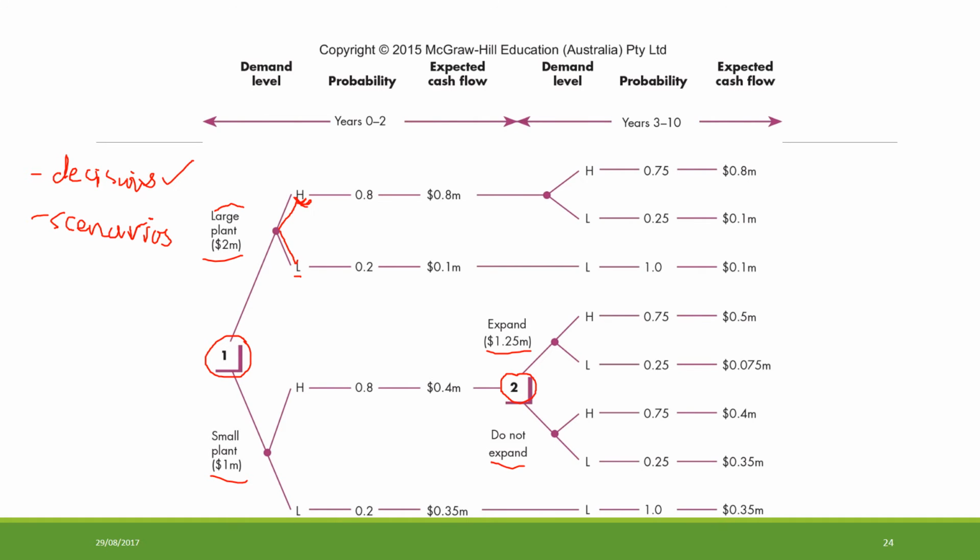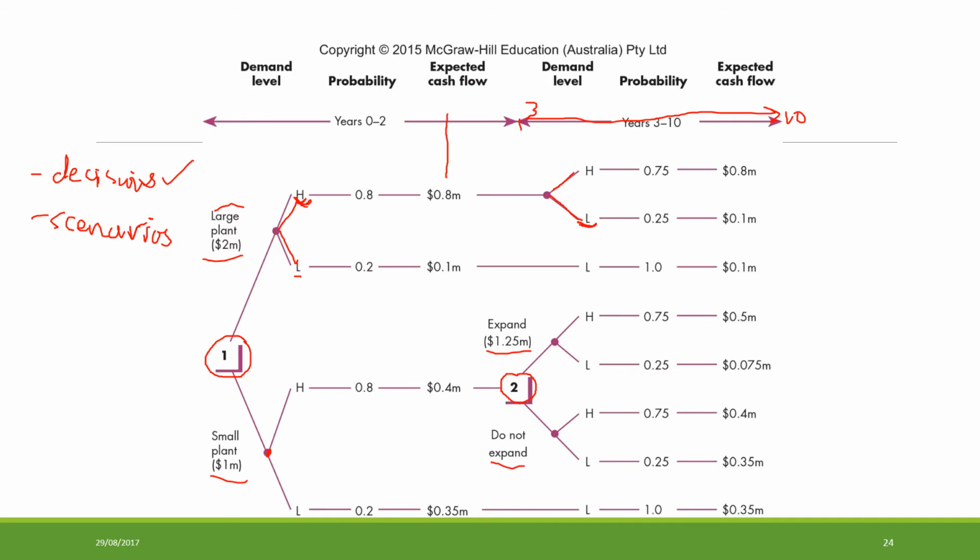If we have high demand for the first 2 years, we could then have two different probabilities from year 3 onwards, so year 3 to year 10. From year 3, our demand could continue to be high, or it could be low. So even though we have high demand for the first 2 years, in the next 8 years we could still have a low demand.